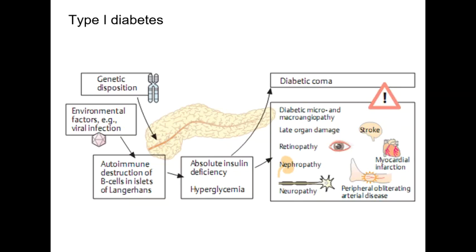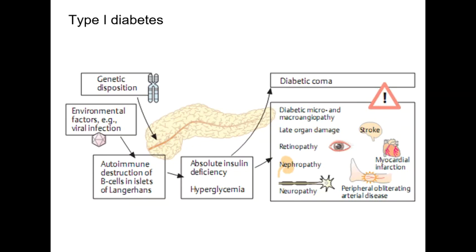So hyperglycemia occurs, and this can lead to diabetic coma, meaning the glucose level becomes so high that a person goes into a state of coma, and this generally happens when the glucose levels cross a range of somewhere around 400 or 500 milligrams per deciliter of blood.